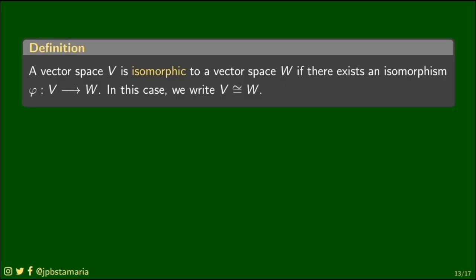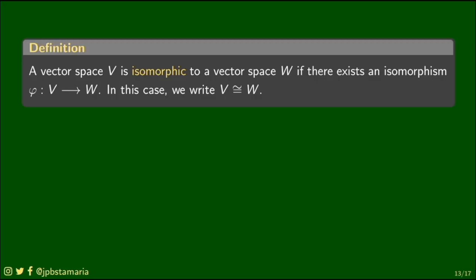Now, if there exists an isomorphism from a space V to a space W, we say that V is isomorphic to the vector space W. In algebra in general, when we say that two spaces are isomorphic, it means that they may not be equal, but they are somehow the same in terms of structure.